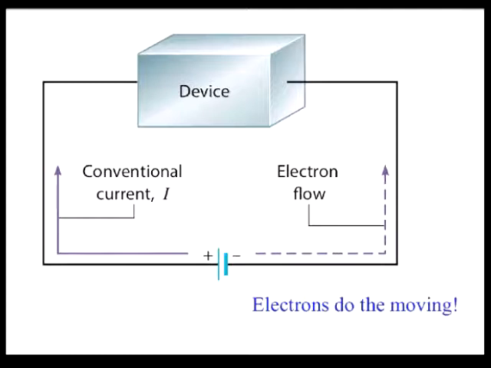In this device, the negative electrons leave the negative terminal of the battery, pass through the device, and arrive at the positive terminal. The same effect would have been achieved if an equivalent amount of positive charge had left the positive terminal, passed through the device, and arrived at the negative terminal. Therefore, the drawing shows the conventional current originating from the positive terminal and moving clockwise around the circuit.